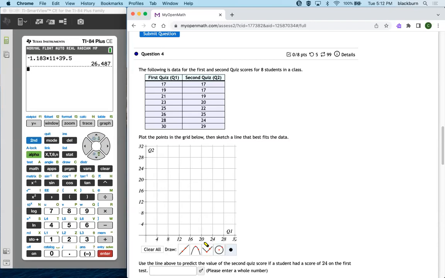So first things first, I'm gonna plot the point 17, 17. So 17, 17 is about right there.